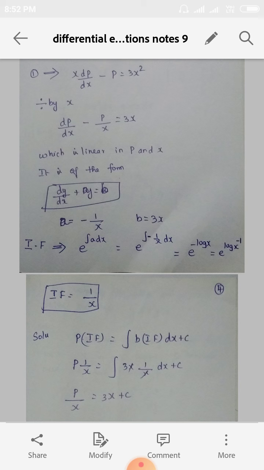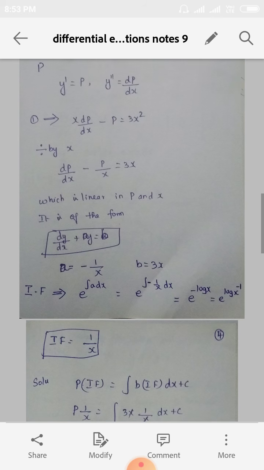So dy by dx plus ay is equal to b. Clear, girls? dp by dx minus p by x is equal to 3x is a linear equation in p and x. So in the place of a, we get minus 1 by x, and b is equal to 3x.